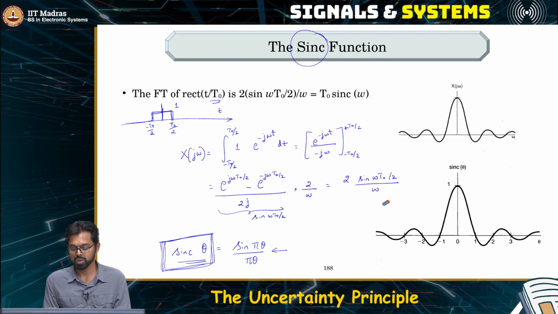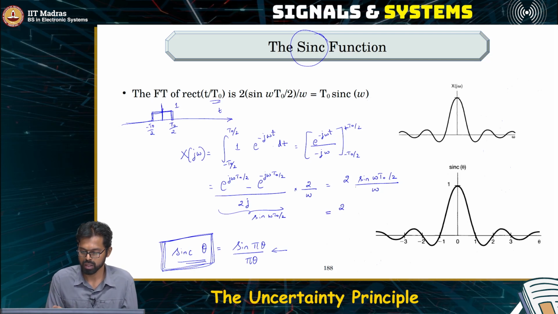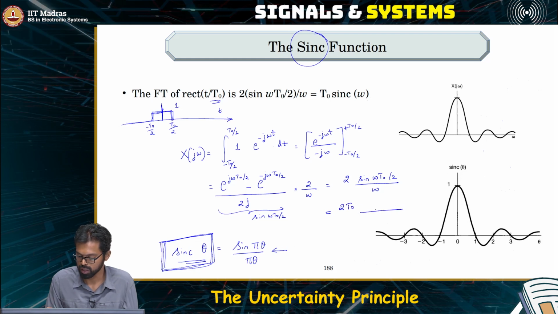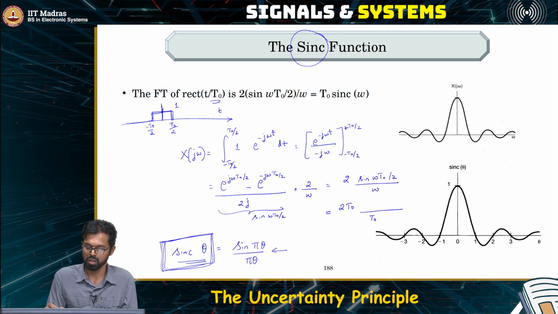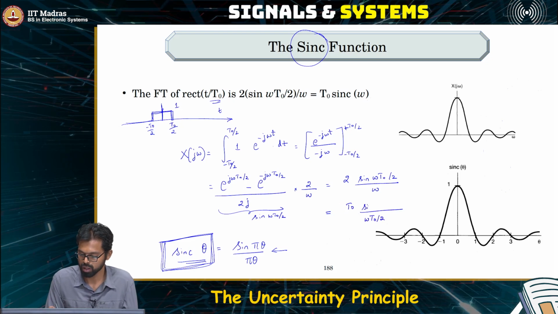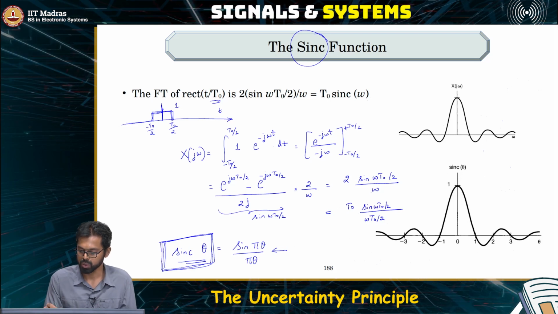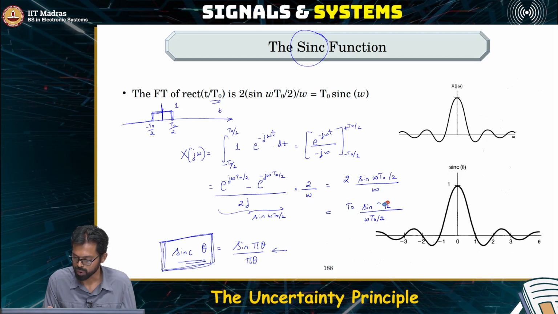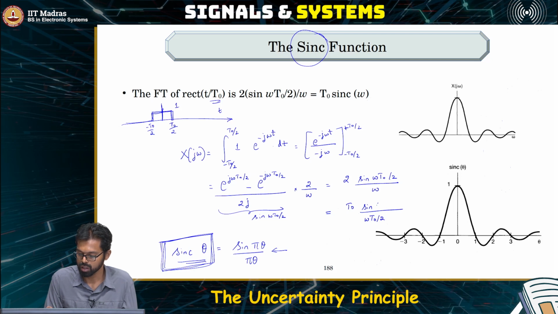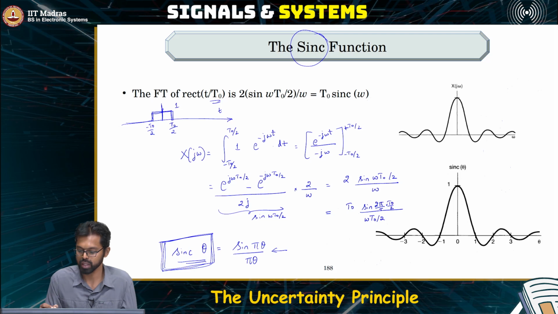If we represent that using the sinc function, then what do we have? We have to just multiply and divide by t naught. So you have t naught here and t naught here, and this we can bring that 2 here. So we have omega t naught sine omega t naught by 2. So we are missing this pi, so you can replace this omega with 2 pi divided by t into t naught by 2 pi.